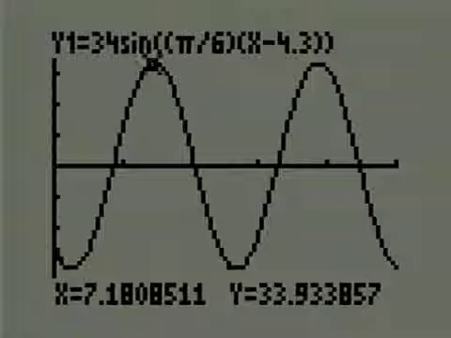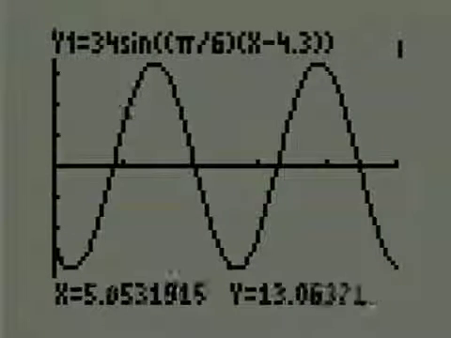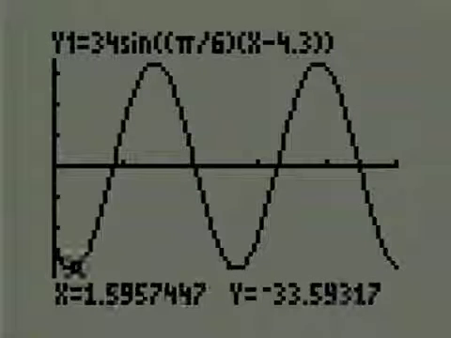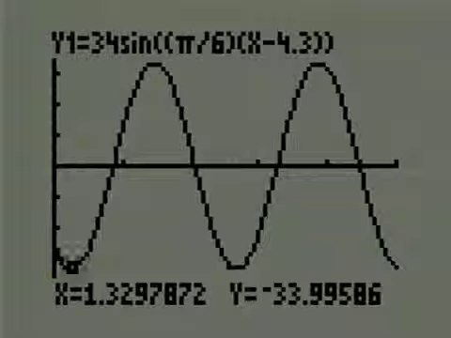Also, what about the period of this? Well, if I trace back to the very beginning here, where there is the lowest point, which we know is the negative 33.998, notice that occurs at about 1.3. And remember that the last time when we had moved it over to the second valley, the second lowest point, it was at about 13 point something.